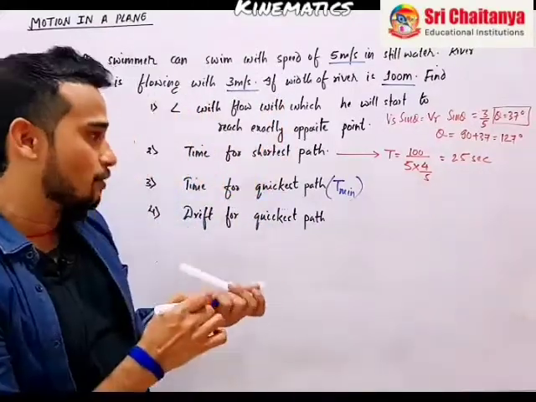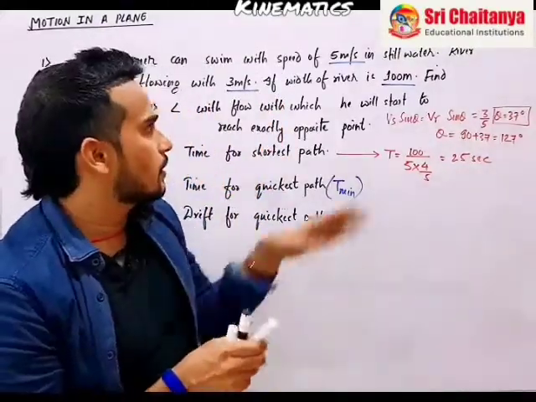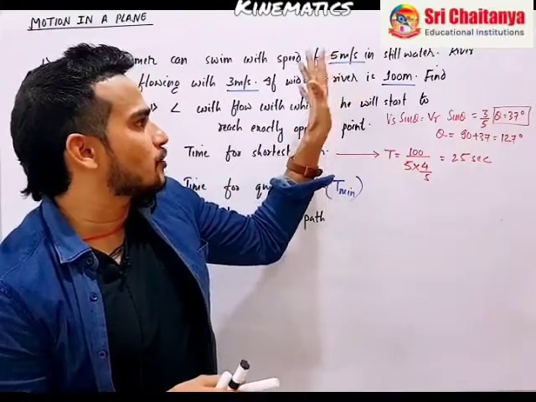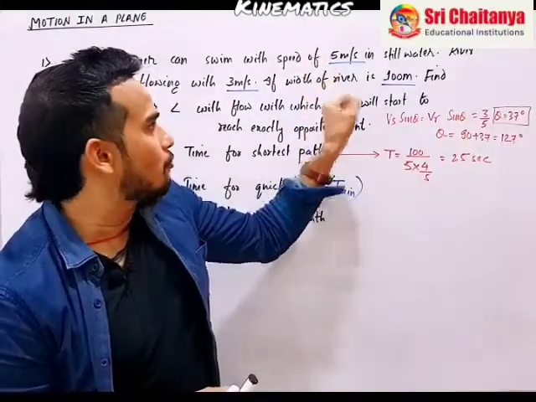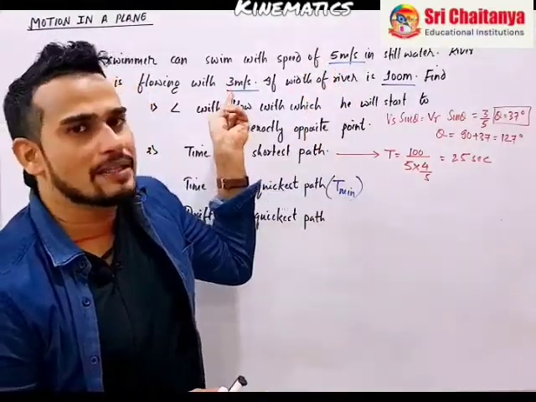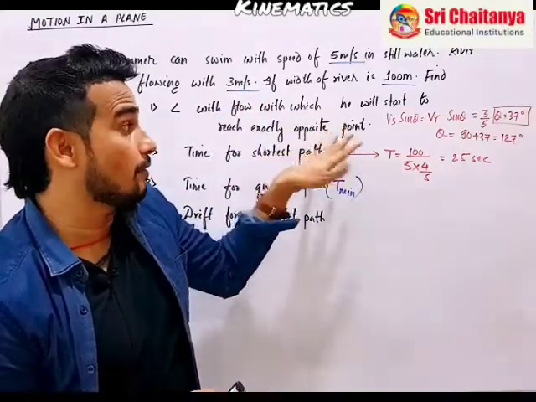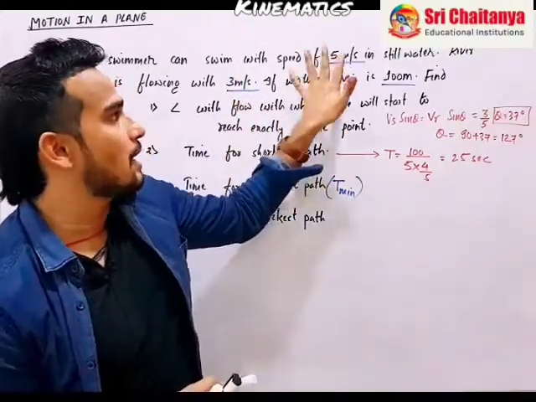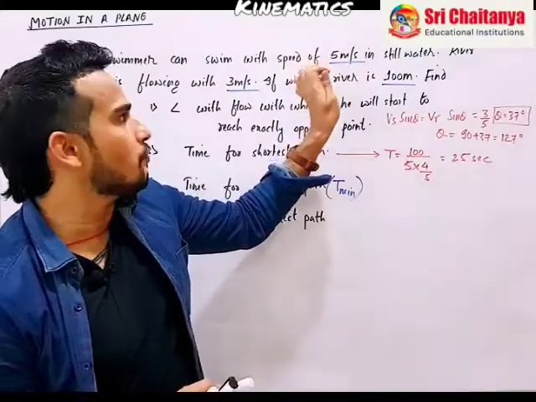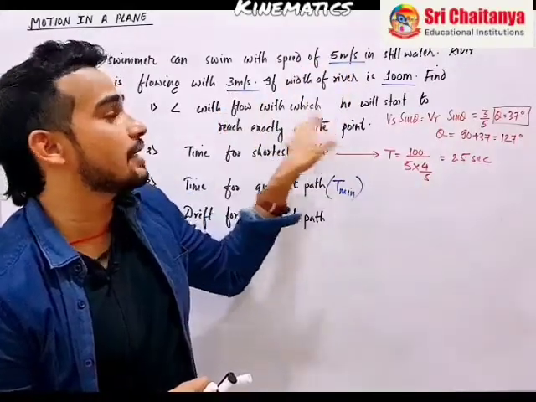Or you can think like this also directly. The swimmer has total velocity 5, out of which 3 he gives to balance the river for reaching exactly the opposite point.